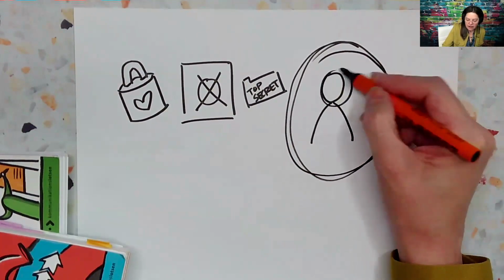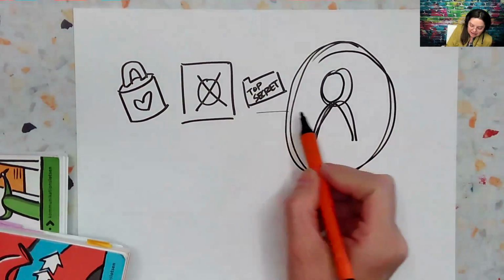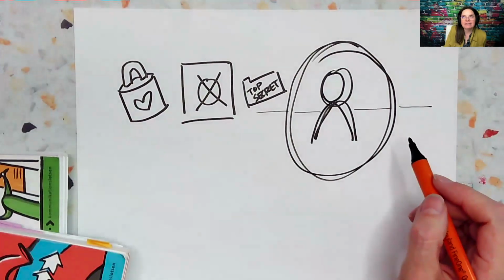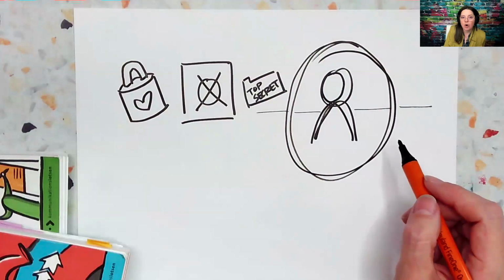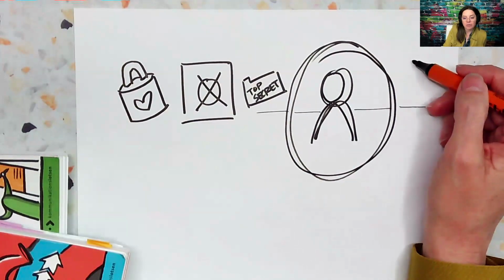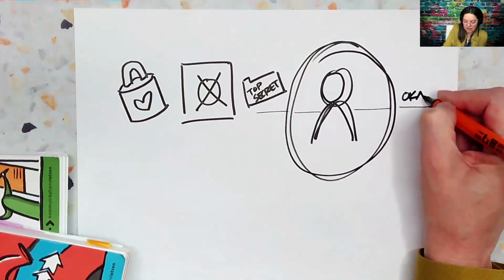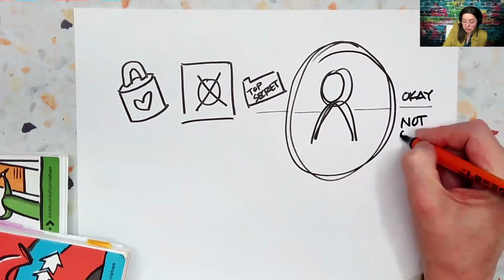So I taught, this is starting to get pretty scribbly, but I taught a class for young women, and the class was supposed to be about boundaries with friends and family. What's okay? What's not okay? Right? What's above the line and what's below the line. So it's okay if my friends hug me. It's not okay if a stranger hugs me.